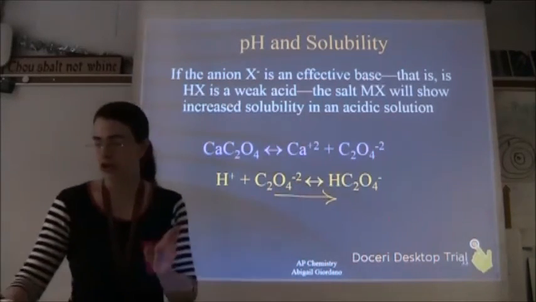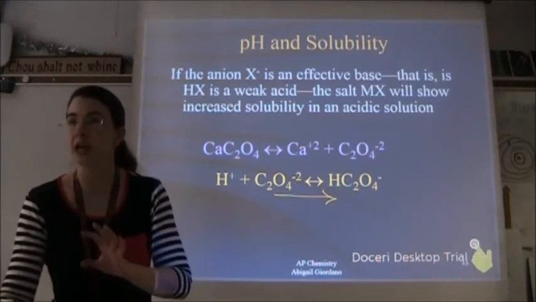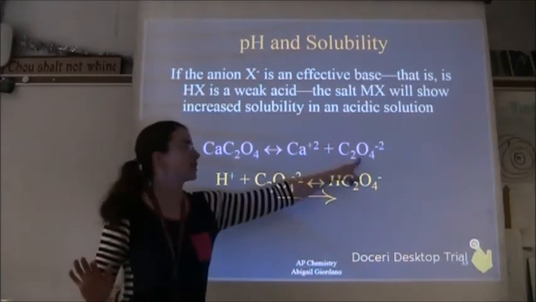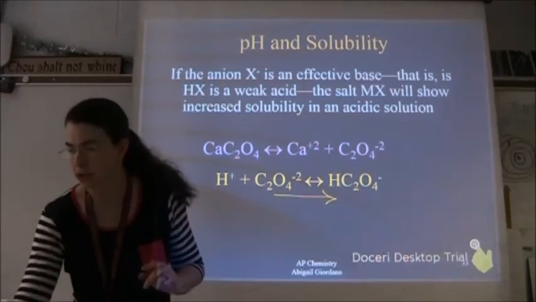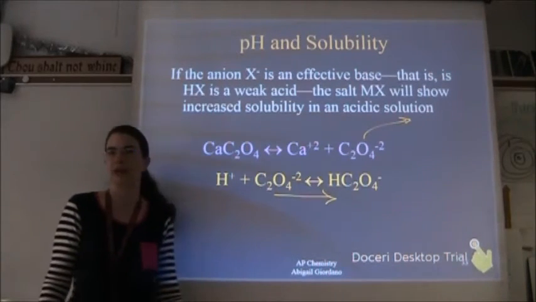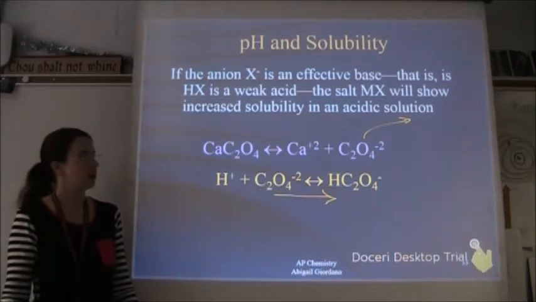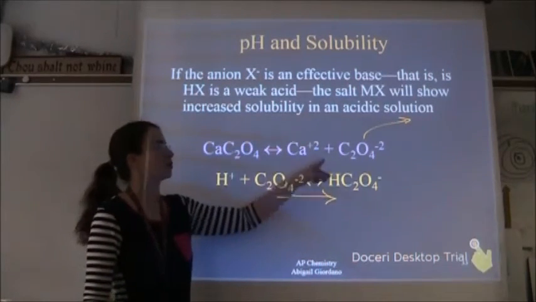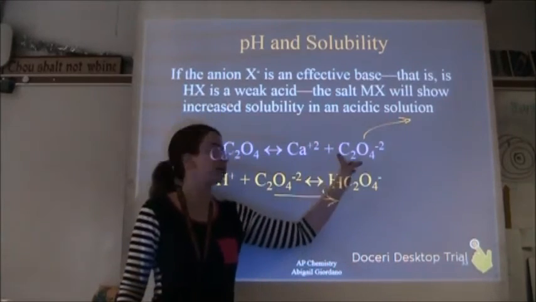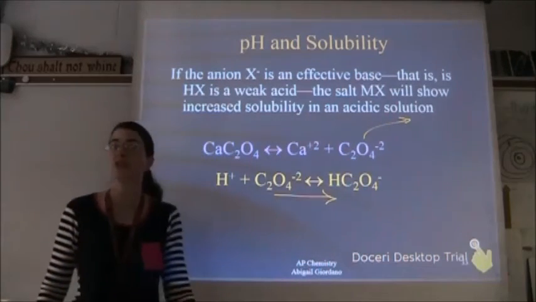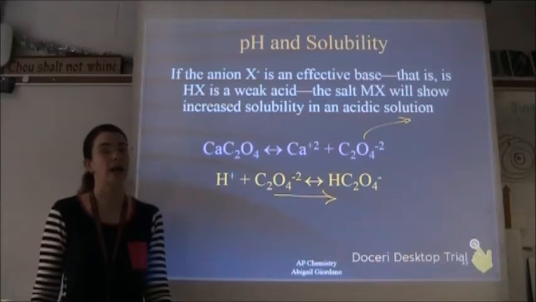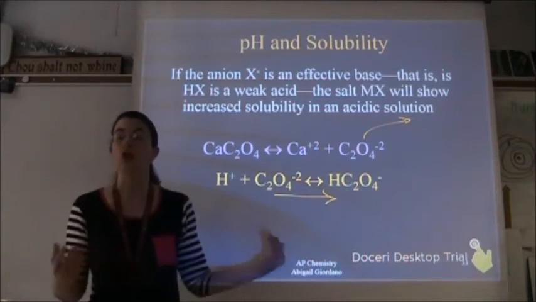Come back to the equation in purple. Think Le Chatelier. Every time this ion is being created, it's being stolen away by H plus ions. If this reaction runs one time in the forward direction and this guy's being taken away, I'm constantly removing product. Will this shift? Yes or no? Which way? To the right. You are correct.